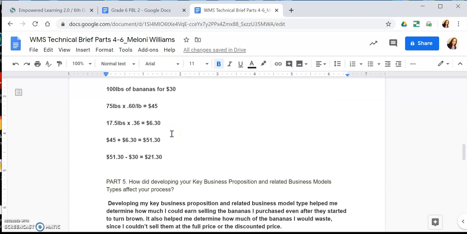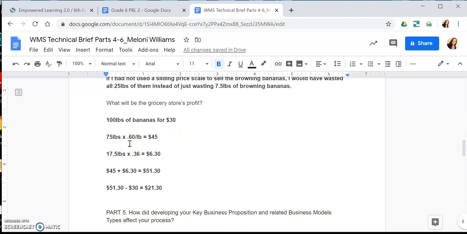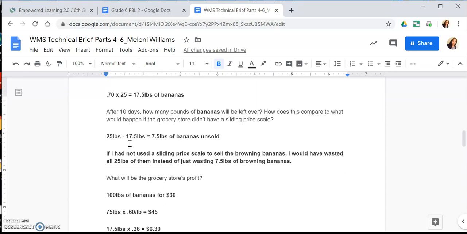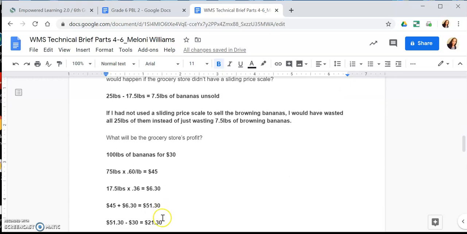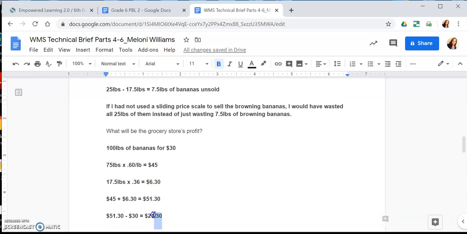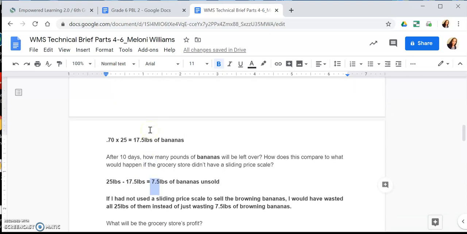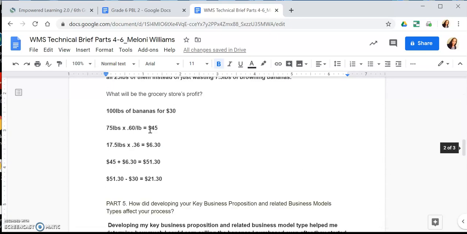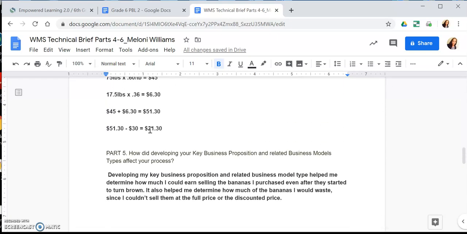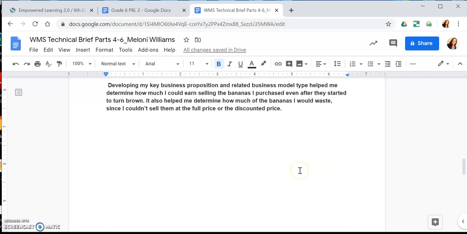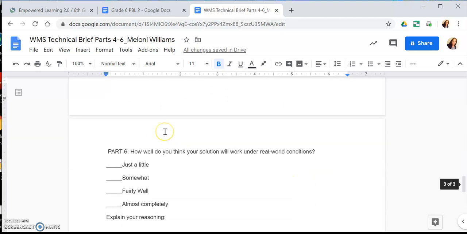So doing this, right, this formula, it let me know that I would end up being able to sell quite a bit. I would end up making a $21.30 profit, and then I would only waste 7.5 pounds of bananas from the 100 pounds of bananas that I purchased. So that's not that bad. That's actually a pretty small amount in comparison to what I bought.